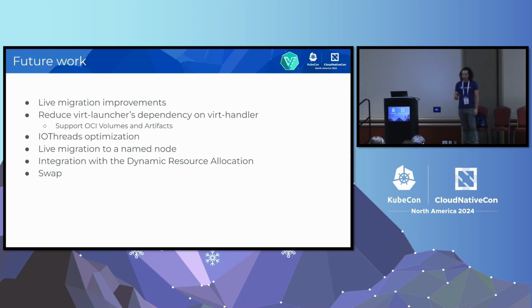We are also looking at integration with DRA, which is the dynamic resource allocation mechanism that is going to be stable soon in Kubernetes. Our friends from NVIDIA were recently giving a talk about how they envision this integration of DRA with KubeVirt.